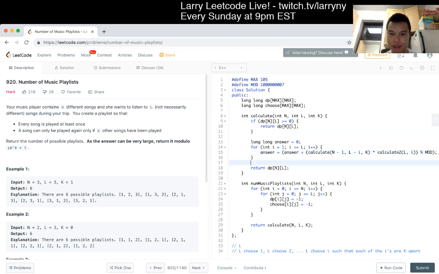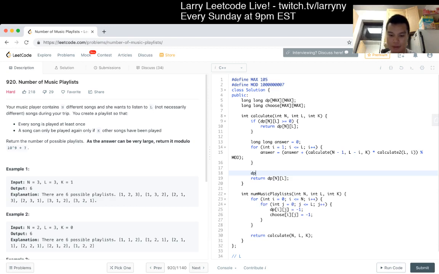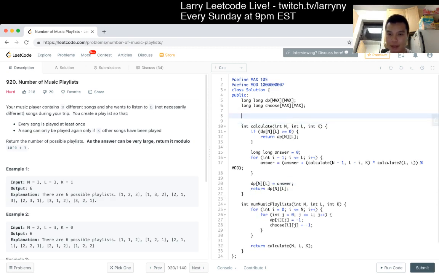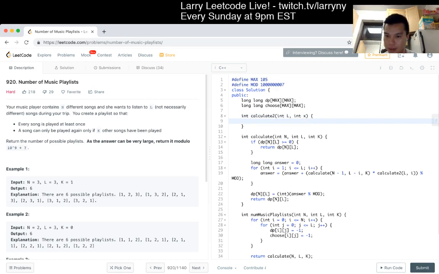This could be one statement, but okay. This should already be modded, but I'll just mod it again just for fun. I would also have to cast this to long, otherwise you may get overflow.